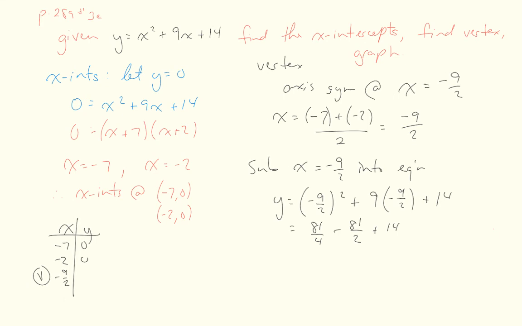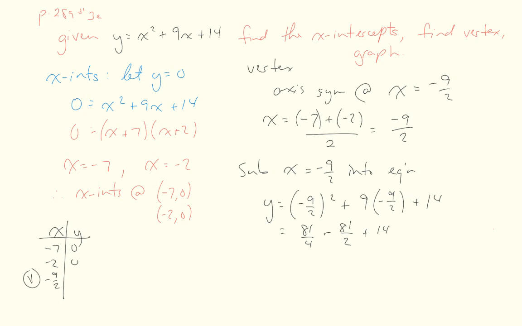If I do this all with common denominators, this is 81/4 minus 162/4 plus 56/4. And my calculator says that it is -25/4. So I know that this is there. And if I wanted to put those coordinates into mixed fractions so that they're easy to read, that's -4.5, and this is -6.25.